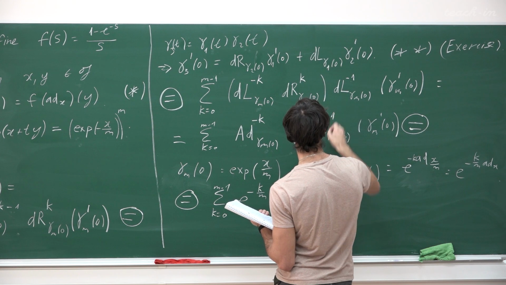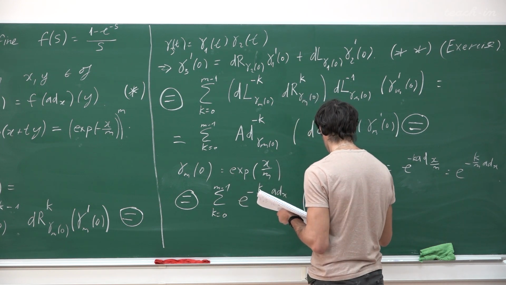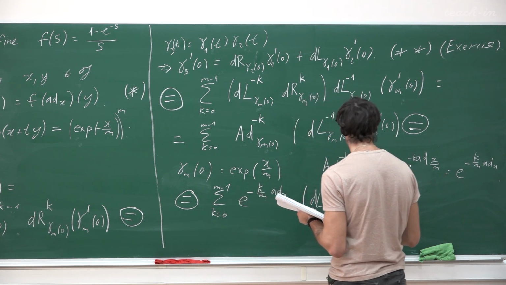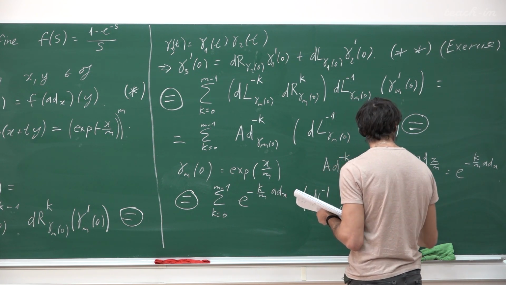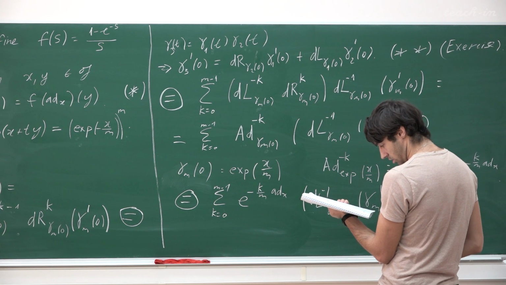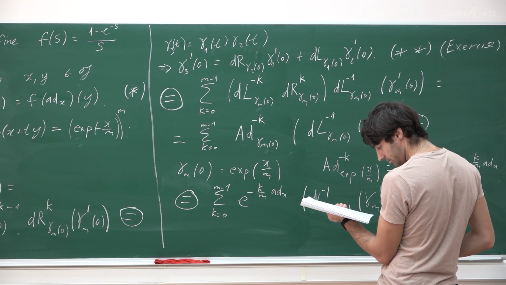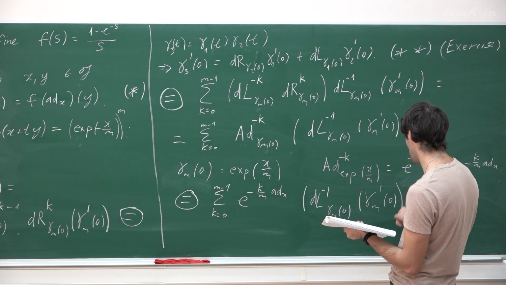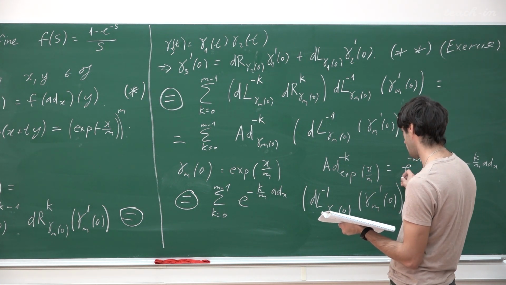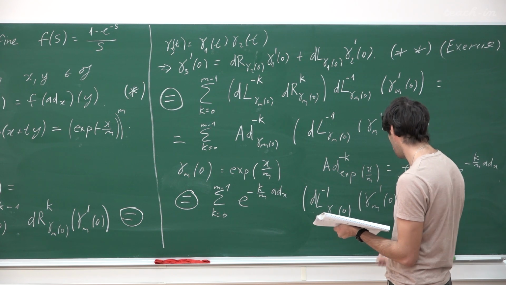I think I lost a minus 1 here. Gamma m of 0, gamma m prime of 0. Okay, very well. So now let us see what this thing is. I need one more parenthesis here.